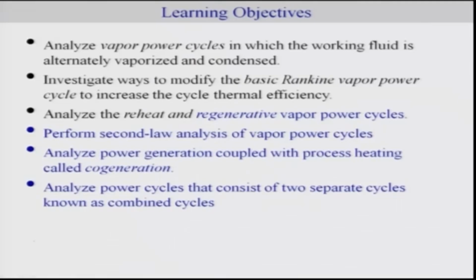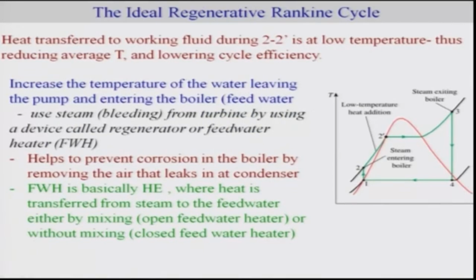That was what we considered in the last lecture, where the steam was heated to a superheated condition. Then we talked about different ways to increase the efficiency of the Rankine cycle by using reheat, and the importance of high temperature when steam enters the boiler.